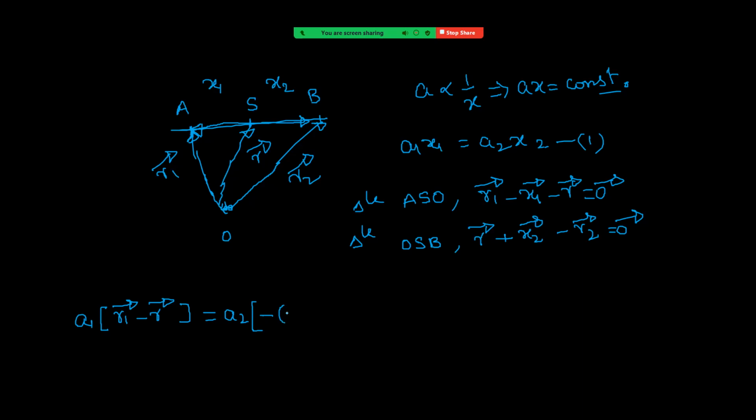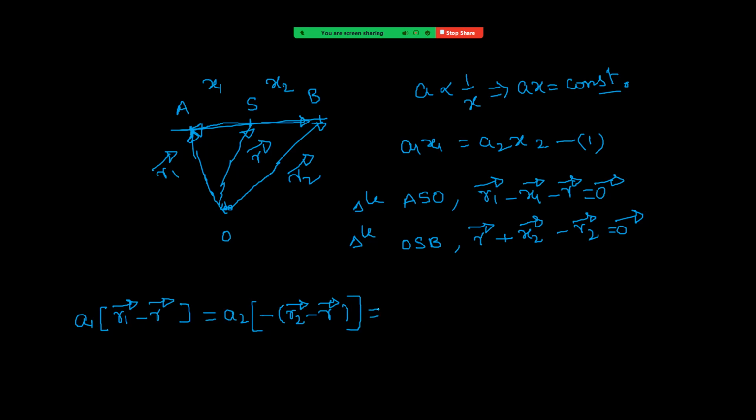It is R2 bar minus R bar, right? And see why I have taken minus. Because R1 bar minus R bar is the left side direction part. R2 bar minus R bar is the right side. That's why I have taken minus here. Okay.